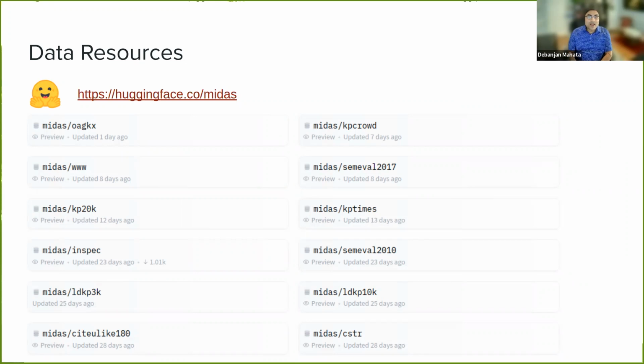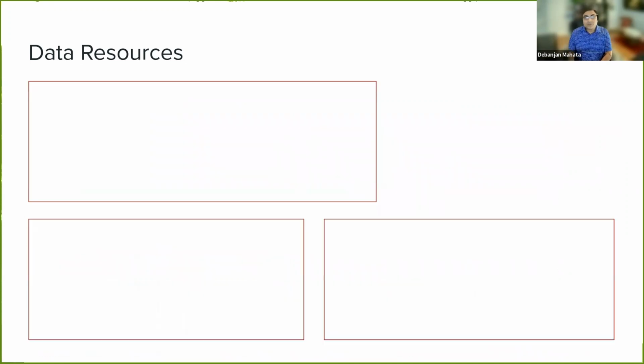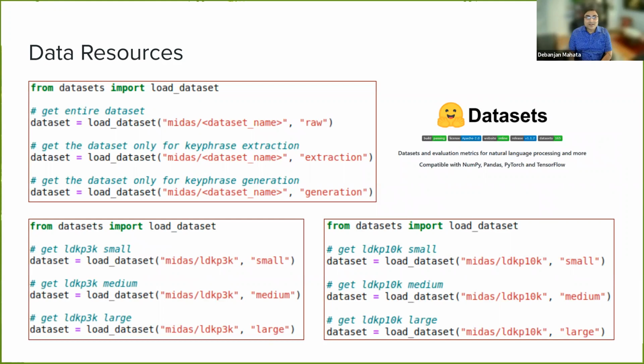Apart from the LDKP corpus, there are other benchmark datasets, and we have also made them available on the Hugging Face Hub. You can just pip install the datasets library, name the corpus that you want to download, and get it on your laptop.